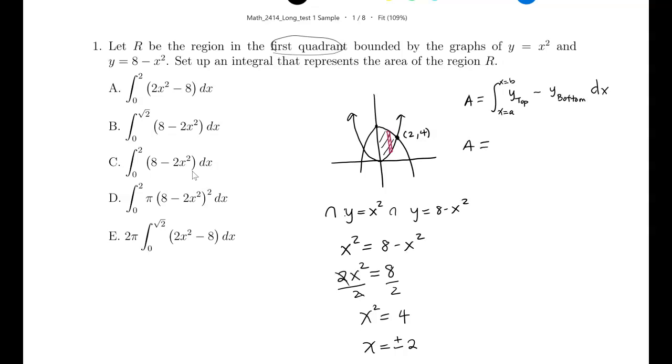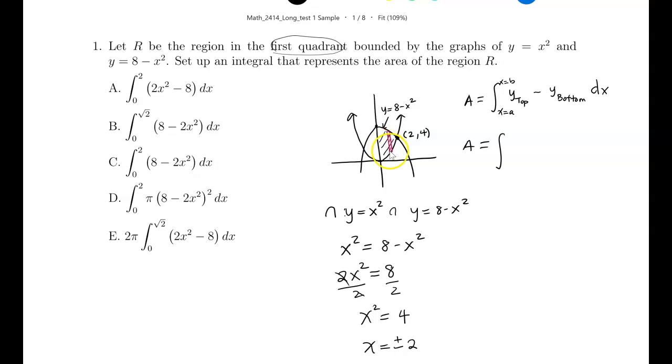Okay, so what is the y function at the top? What is the function at the top? You identify that function, and that function is the parabola y equal to 8 minus x squared.